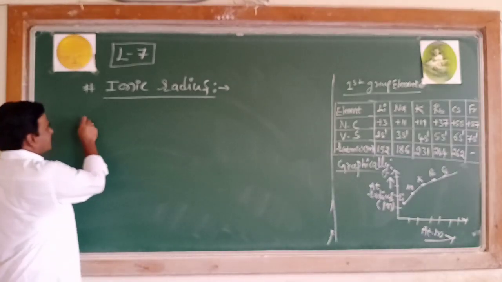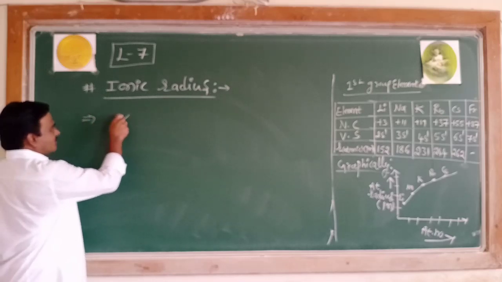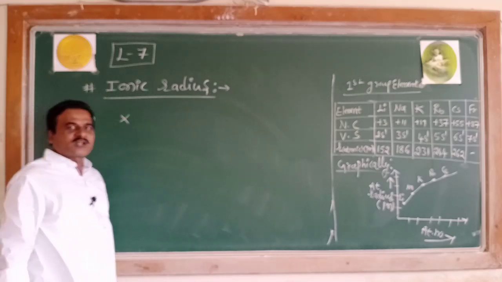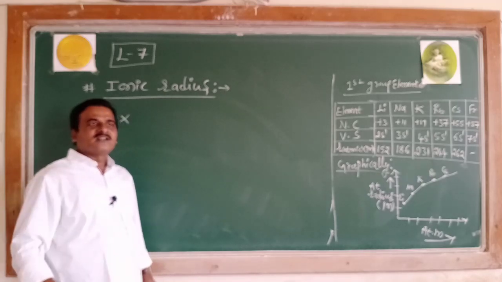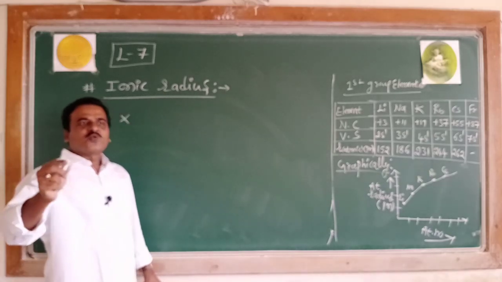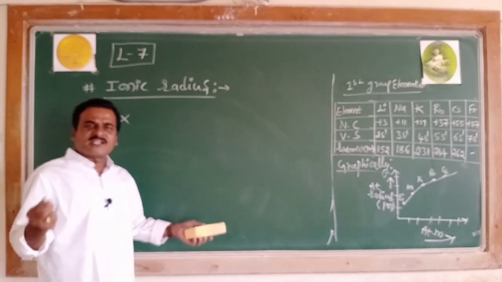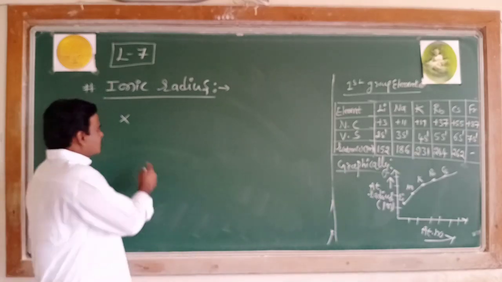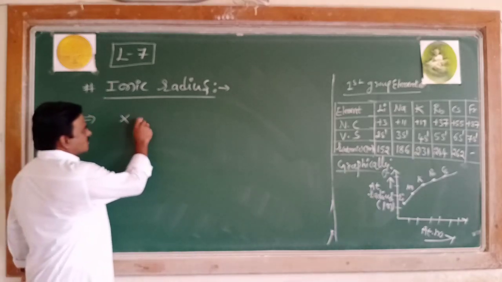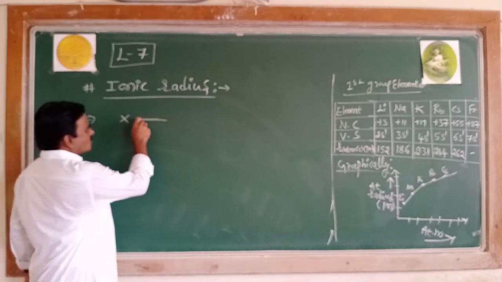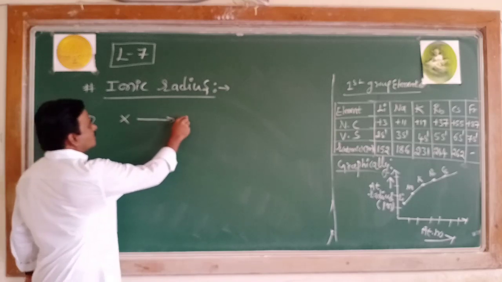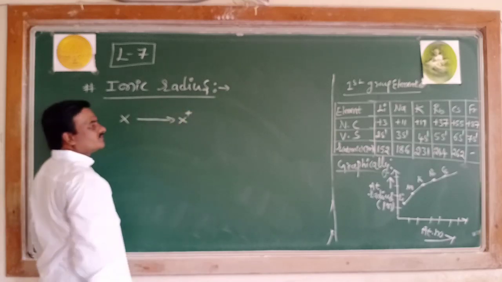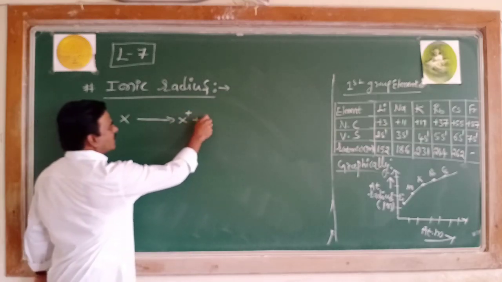Let's understand first. Say X is a neutral atom. Suppose it loses one or more electrons, depending upon its nature or electropositivity. Say this neutral atom loses one electron, which gives you its ion, with loss of one electron.